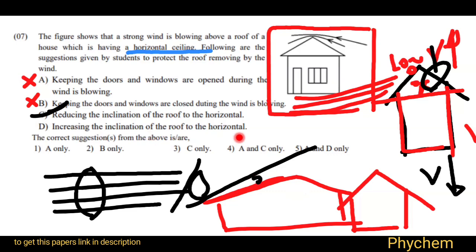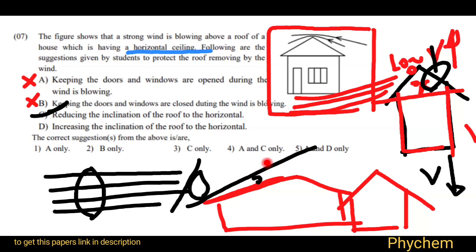Oh my God. When you increase the inclination, the streamlines will be denser than before. The density of streamlines increases, which means the velocity of air increases, which means the kinetic energy per unit volume also increases.